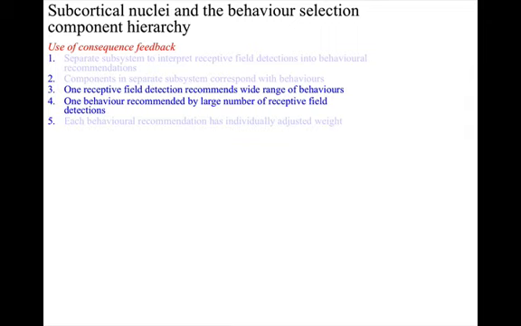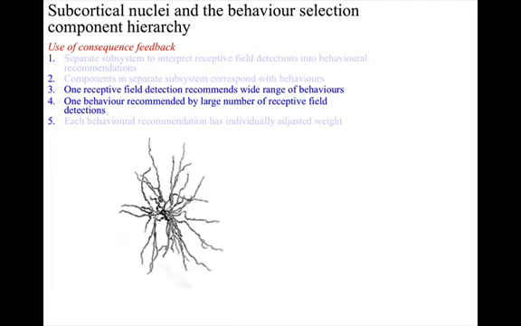Another prediction is that any behavior must be recommended by a large number of different receptive field detections, and one receptive field detection must recommend a wide range of different behaviors. And this is a typical neuron in the striatum, corresponding with one behavior. And as predicted, one cortical neuron targets lots of different striatal neurons, recommending all the corresponding behaviors.